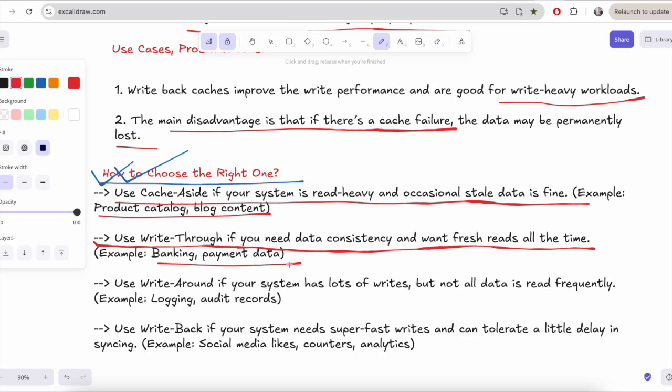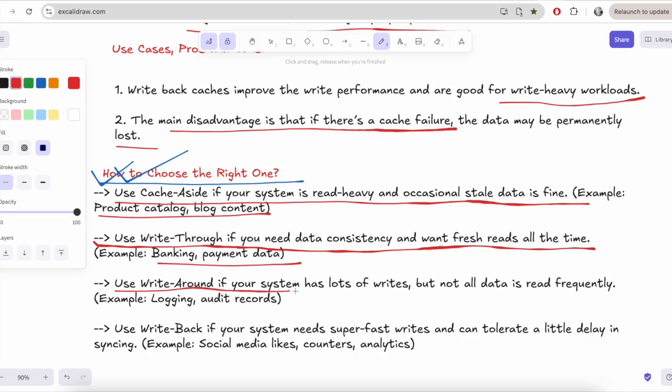It would be a little slow, because your data is getting written two times, in the cache and then the database. But you will have consistency between the cache and the database, and always have updated data, because your cache is the one which writes to the DB.